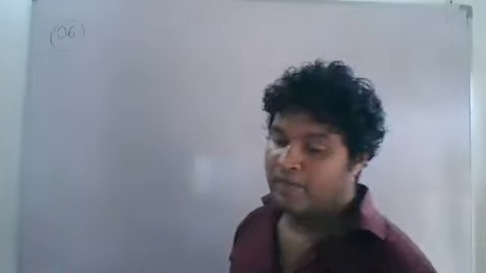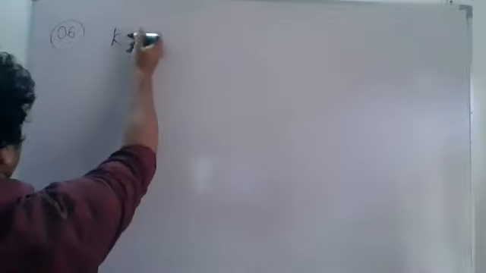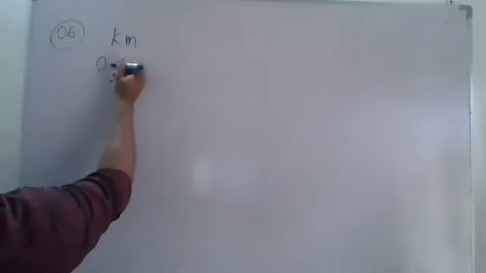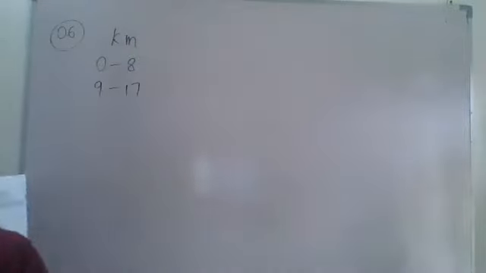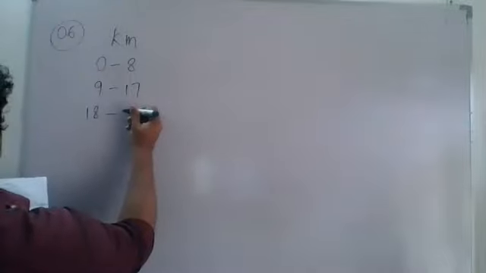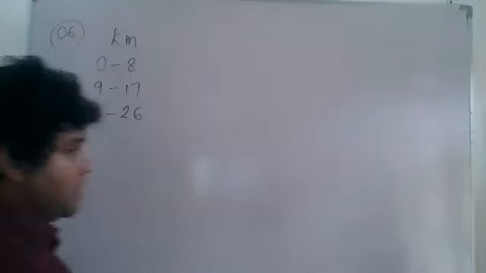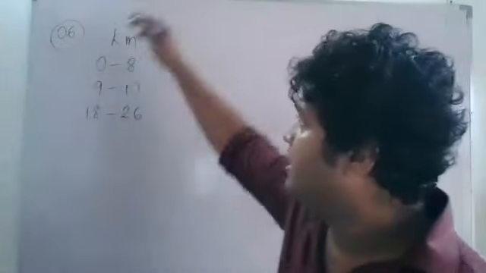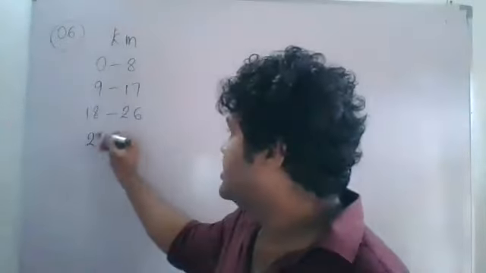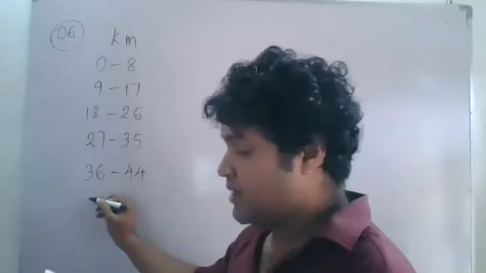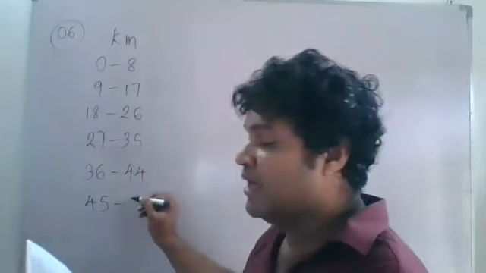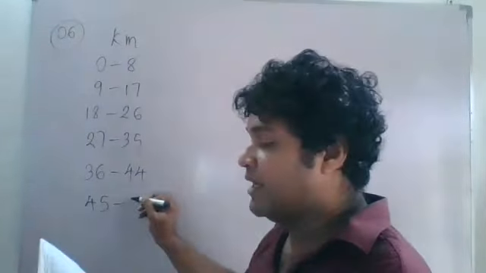Now a table has been given, let's write it: class intervals, 0 to 8 kilometers, 9 to 17 kilometers, 18 to 26 kilometers, 27 to 35 kilometers, 36 to 44 kilometers.